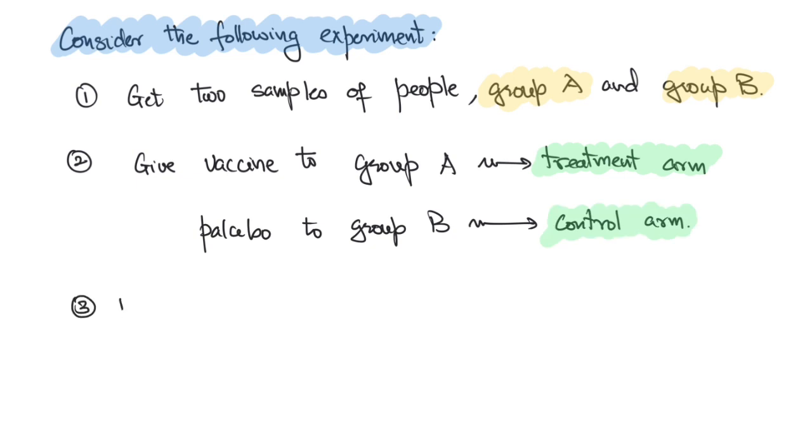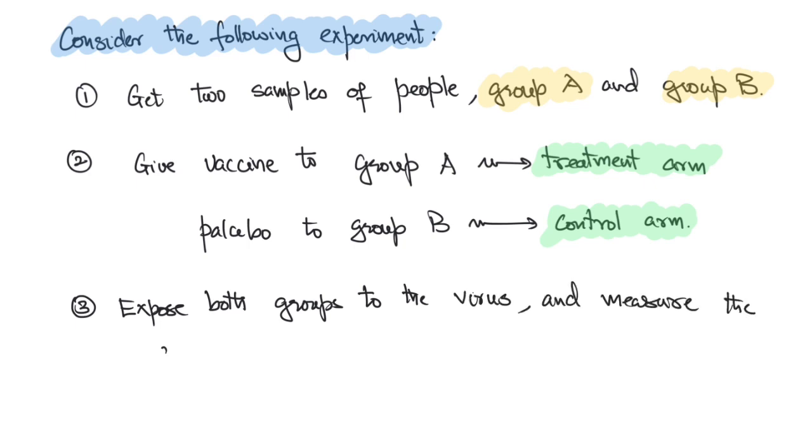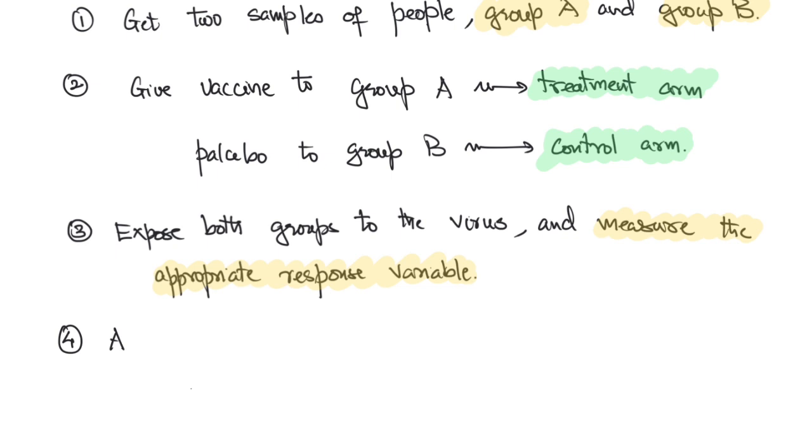We will then expose both these groups to the virus, and the goal would be now to measure an appropriate response variable to the exposure to the virus for both of these groups.